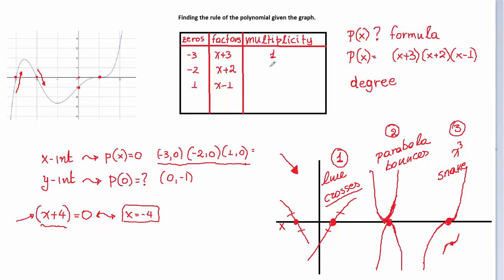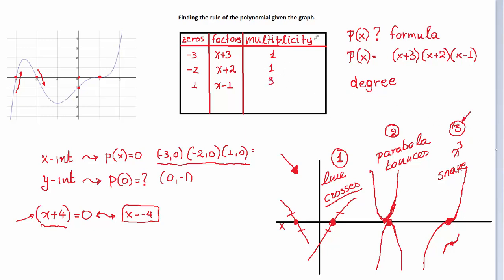So the multiplicity here will be equal to 1. Again, at x equals 1, the curve makes a snake. And as we said, a snake corresponds to degree 3, so this will be the multiplicity of this factor.